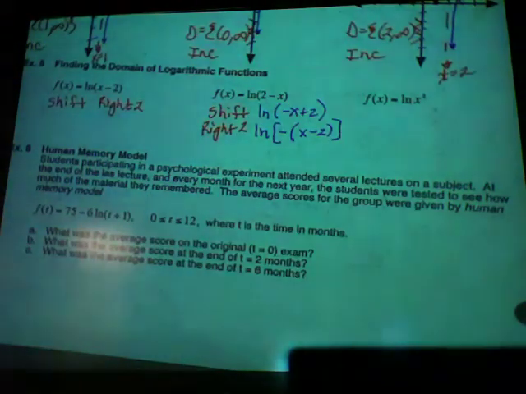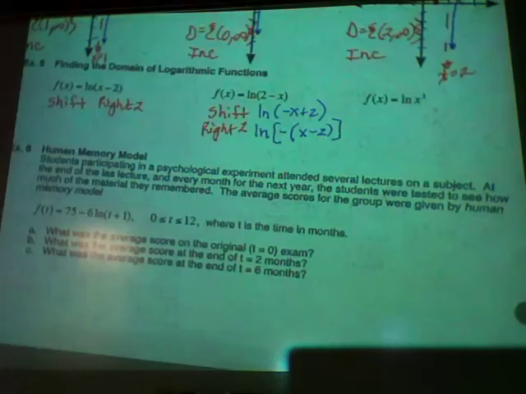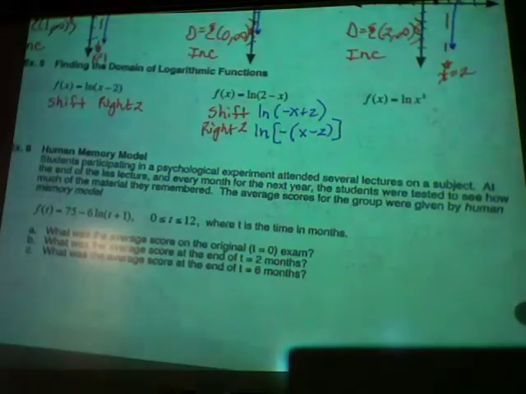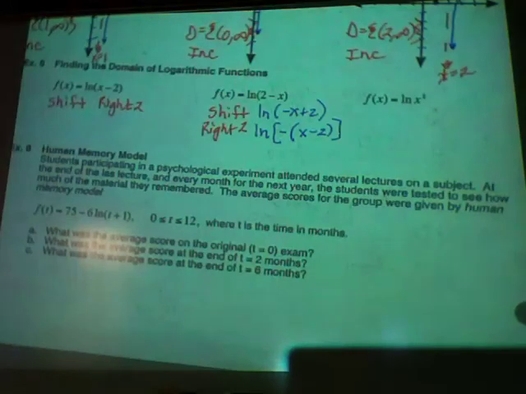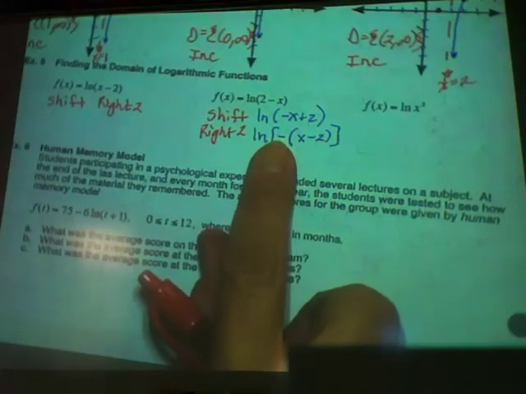But it has a reflection, doesn't it? Does the reflection affect the x value or the y value? Remember, the reflection over the x-axis is going to be at the exponent or at what I would consider the base here. Won't this negative affect my y value?